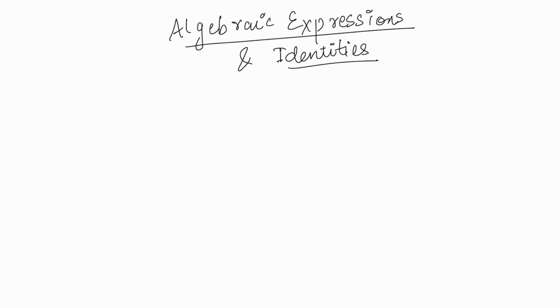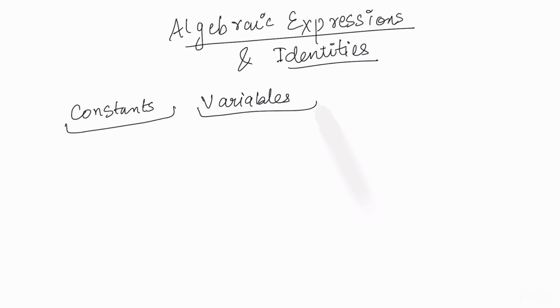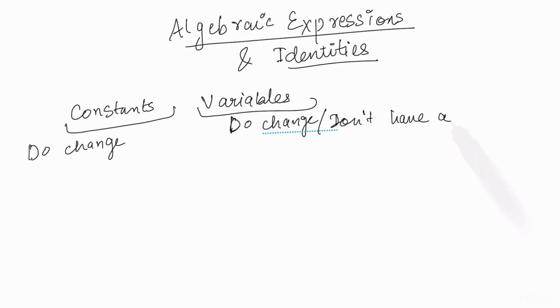For the basics, to know algebra, you need to know about constants and variables. Constants are something which don't change, and variables do change, meaning they don't have a fixed value.